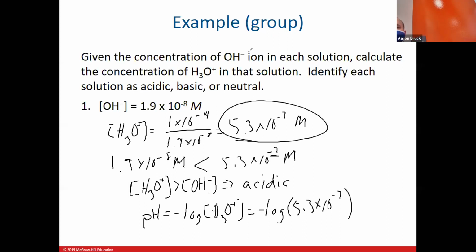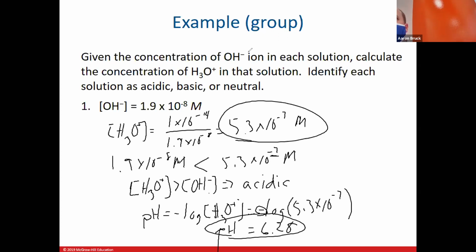On most of your calculators, the button you would hit there is, if you have that concentration in there, 5.3 times 10 to the negative 7th, and you hit that logarithm button, it would give you negative 6.28, which if I take the opposite of that, gives me a positive 6.28.